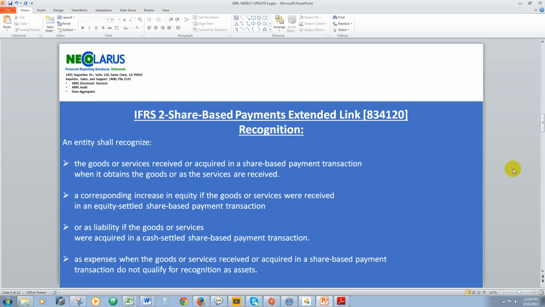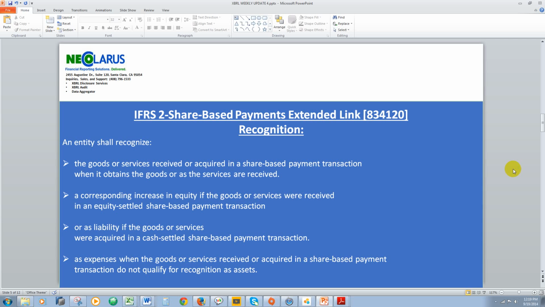And about the recognition for IFRS 2 share-based payments, the entity shall recognize the goods or services received or acquired in a share-based payment transaction when it obtains the goods or as the services are received. The entity shall recognize a corresponding increase in equity if the goods or services were received in an equity settled share-based payment transaction.